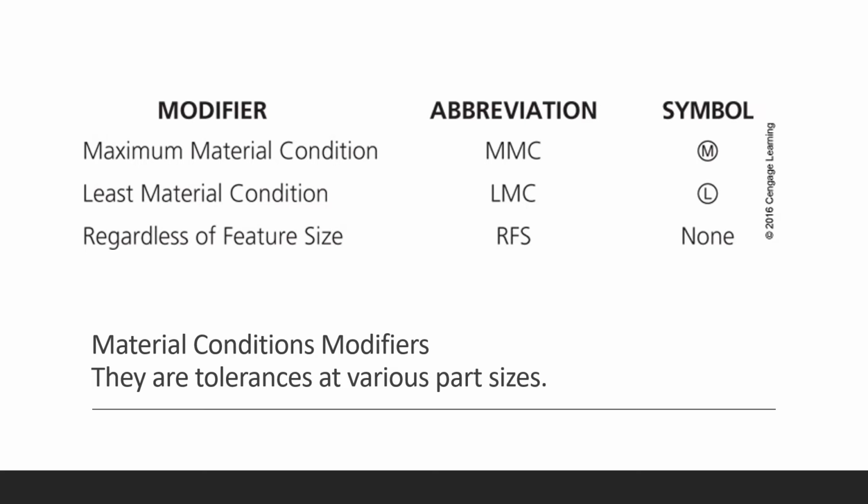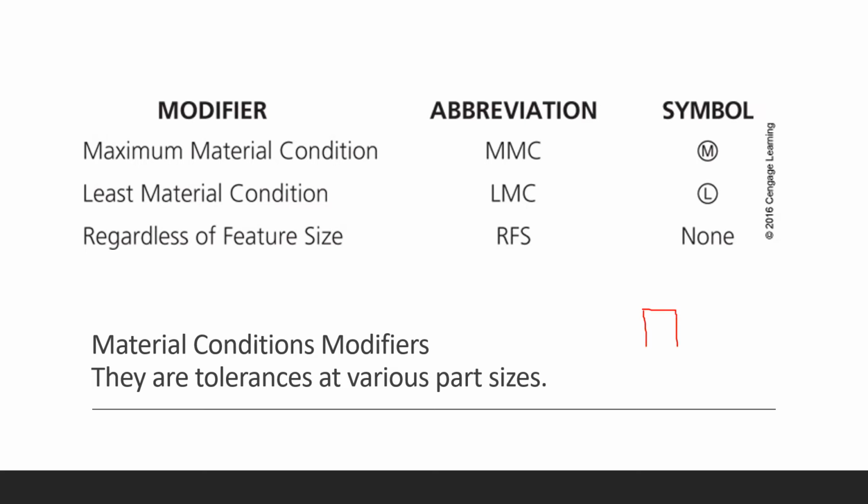So if you see MMC, we're doing a maximum material condition. If you see LMC, we're doing a least material condition. So what are we doing? We're doing modification to the material conditions. The material condition modifiers are, again, tolerances at various part sizes.